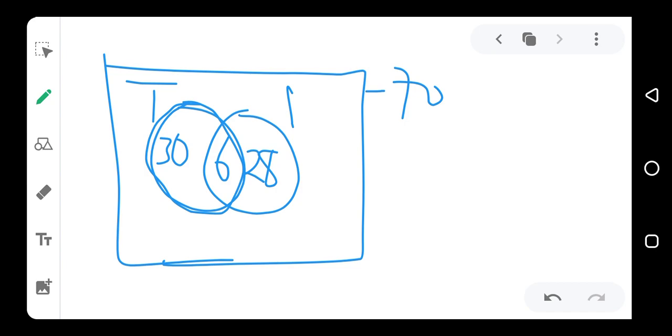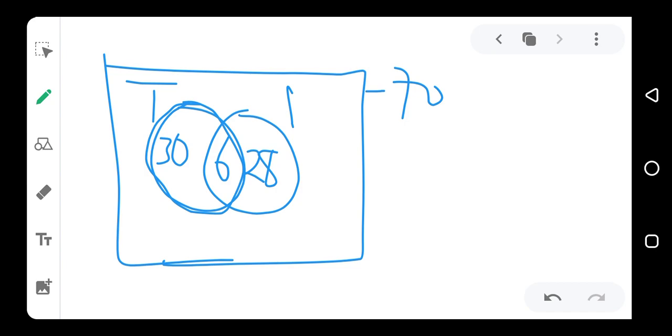Now, let's call those pupils X. That means that they are neither in set T nor in set I. They are totally out of the two sets, which means that they are the complements of the two sets.